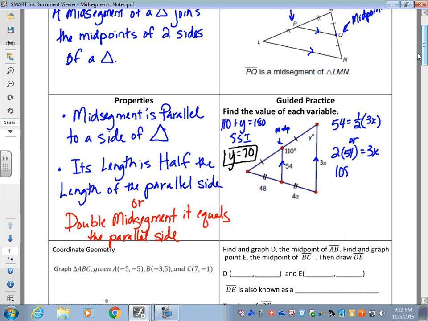So basically I have 108 equals 3x, and then we're going to divide by 3, and so 36 equals x. Okay? And then if I want to find Z, well, I see that it's a midpoint here. So basically 48 is equal to 4Z. And then I think I automatically see that Z equals 12. That's horrible, sorry.